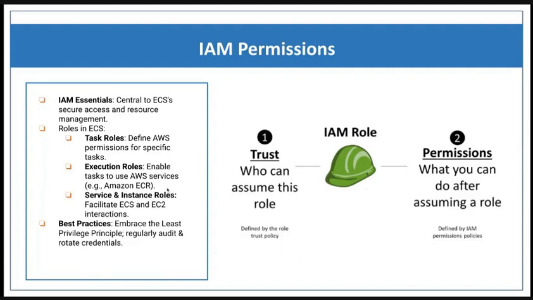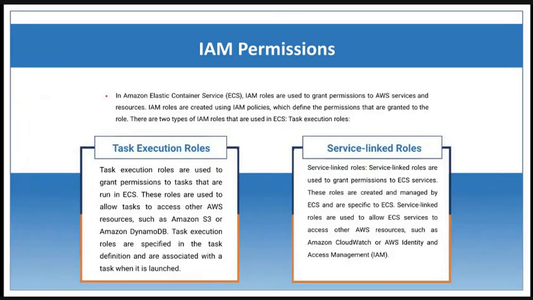So there are different kinds of roles involved, and you're typically interested in the task role, but there are other roles that also need to be defined, and in our setup at least they are restricted away from you. The task execution role allows you to define your task behavior, S3 permissions, Dynamo permissions. Service-linked roles allow us to facilitate the ECS and EC2 interactions.